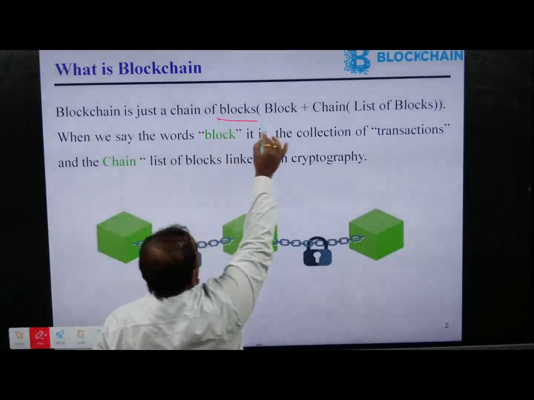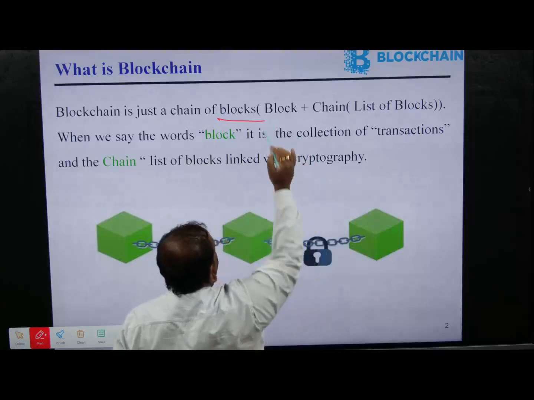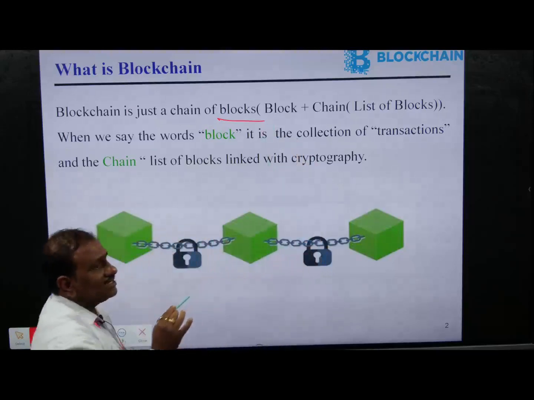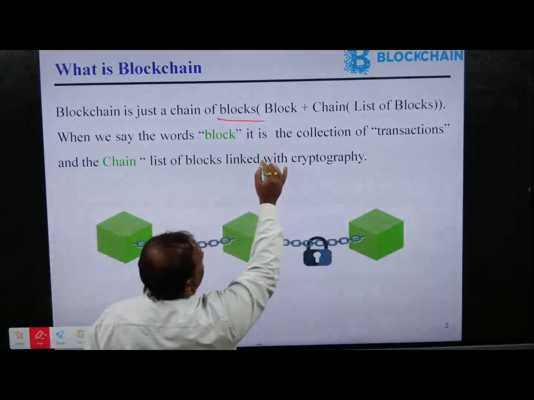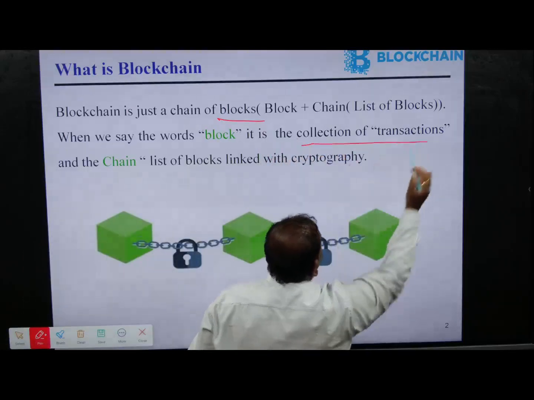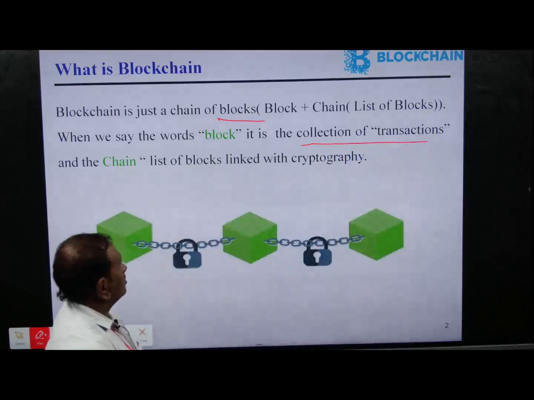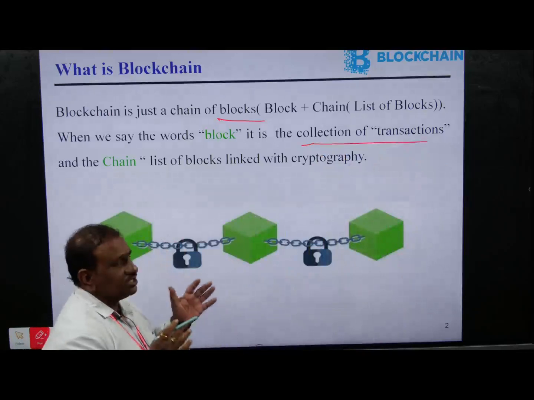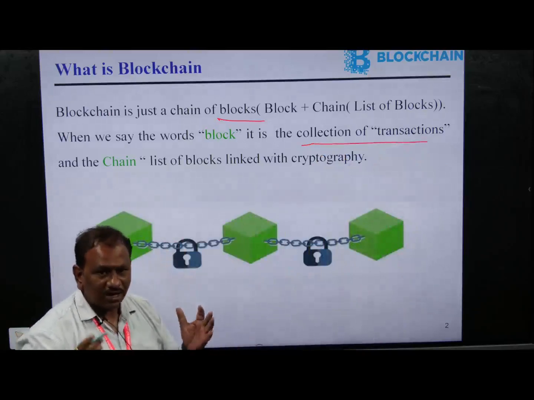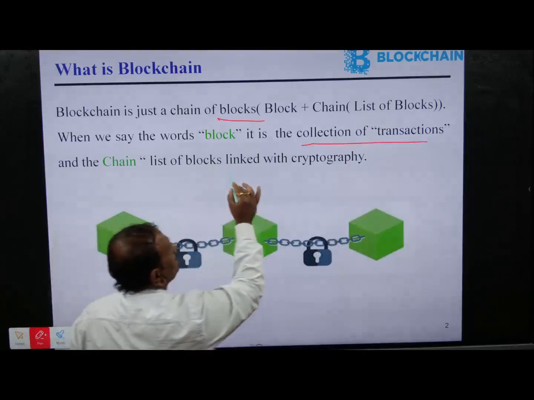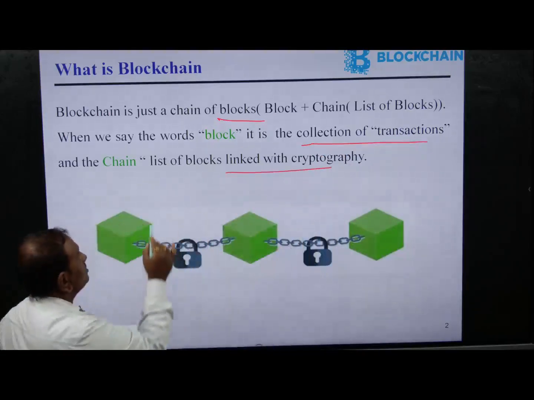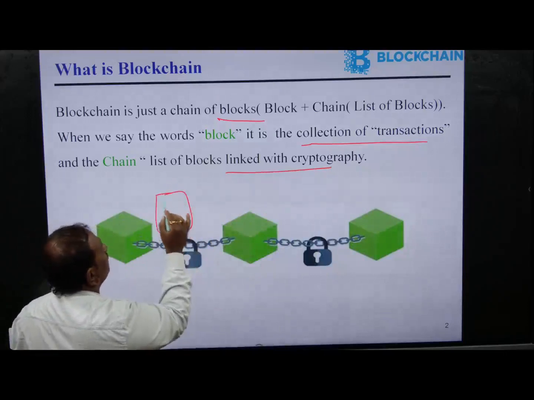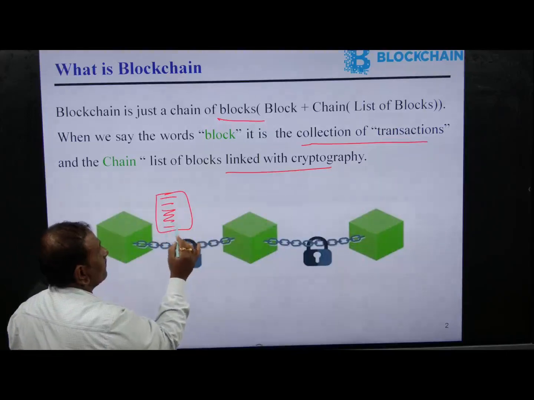Every block consists of several transactions, and these blocks are going to be connected together by means of cryptography.